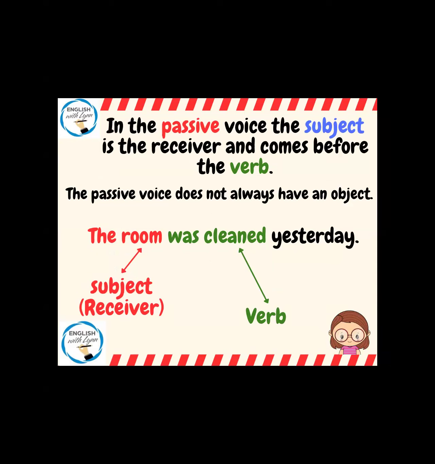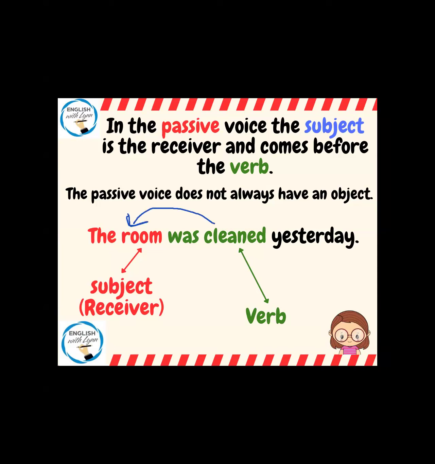So the room was cleaned yesterday. So notice I don't have who did it in there. So I have the room, and the room is the receiver of the action. So it is the room that was cleaned.